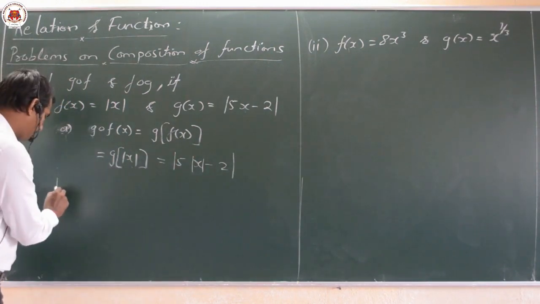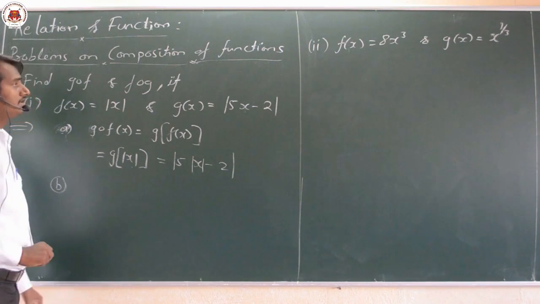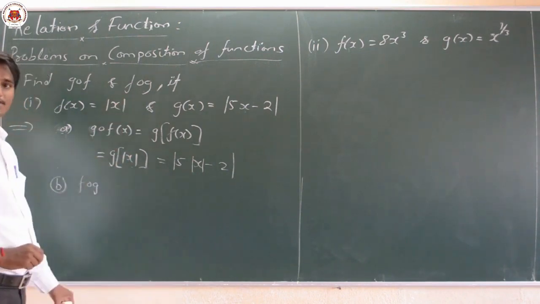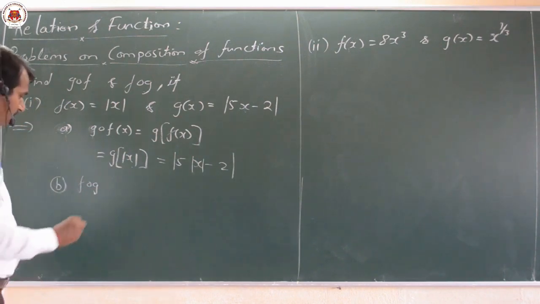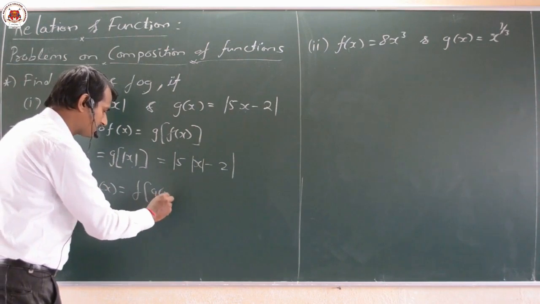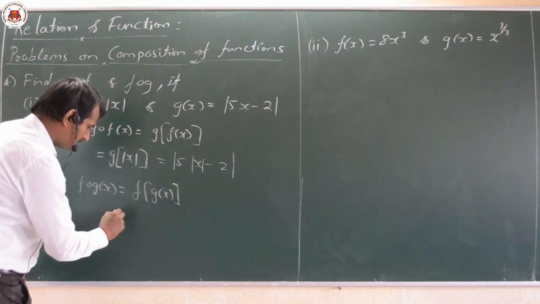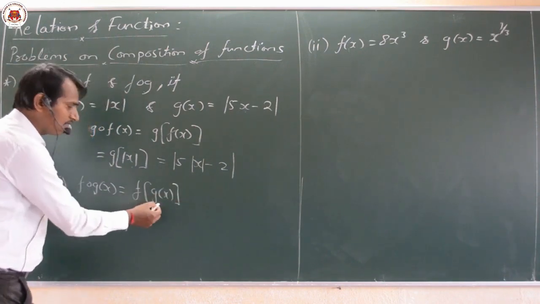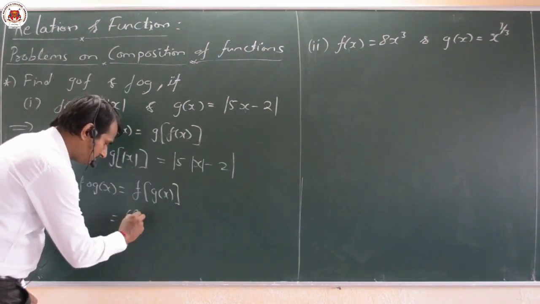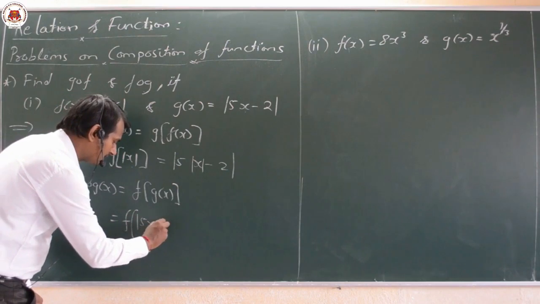Then part B. Here we require to find f of g of x. Now what do you mean by g of x? G of x is nothing but mod of 5x minus 2.